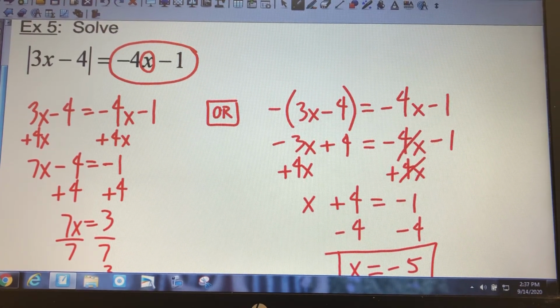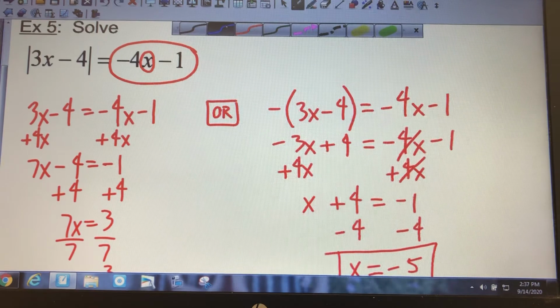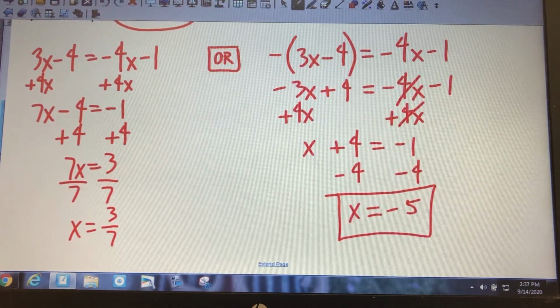So if I replace that x with 3/7 and multiply by -4, that will give us -12/7, and then minus the 1, it's still going to be negative. Okay, so what's going to happen here is this 3/7 is an extraneous solution. It's not going to work. The left side of the equation will not equal the right side of the equation.